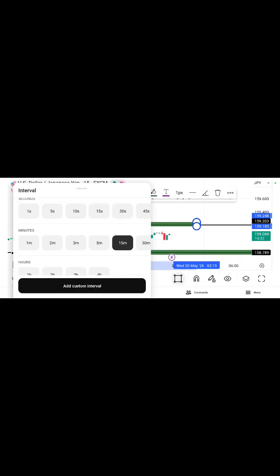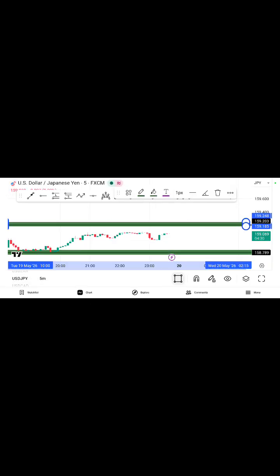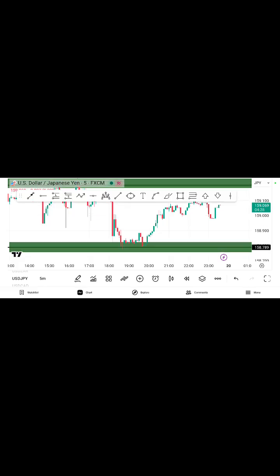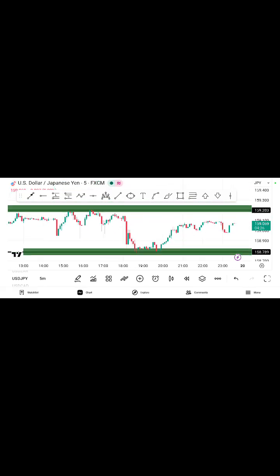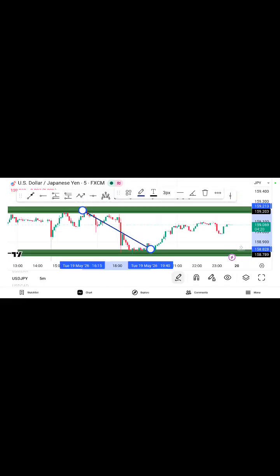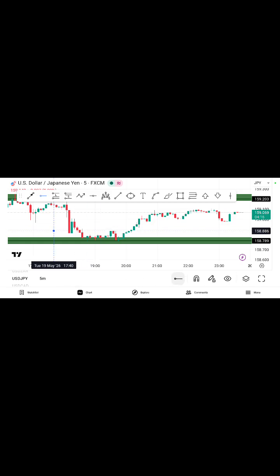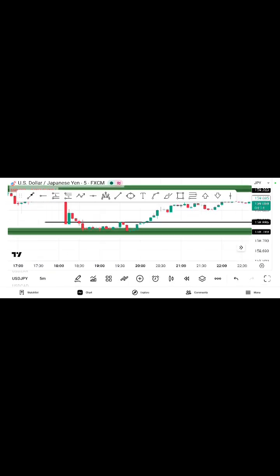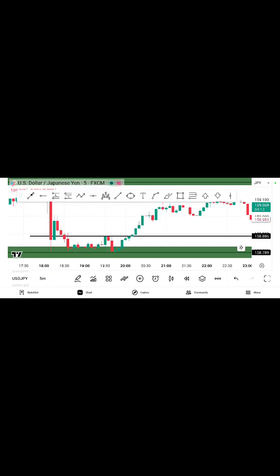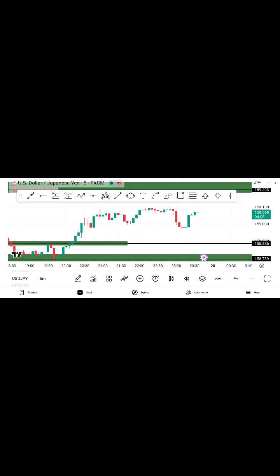Current market price, what's happening? Okay, we had this. We understand that the market is in this range, right? But boom, the first thing we notice is we had these buys, these highs that were broken, right? We couldn't enter because of what?